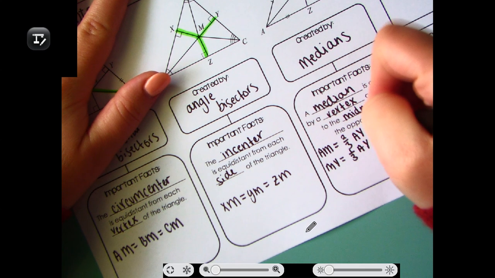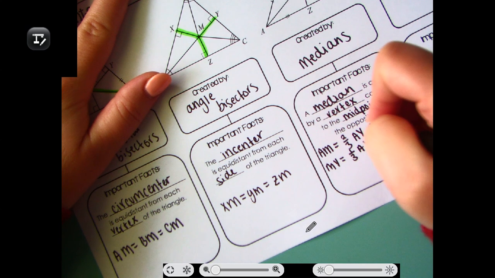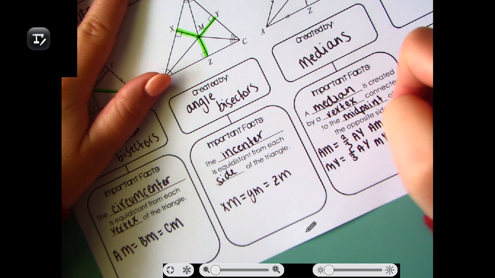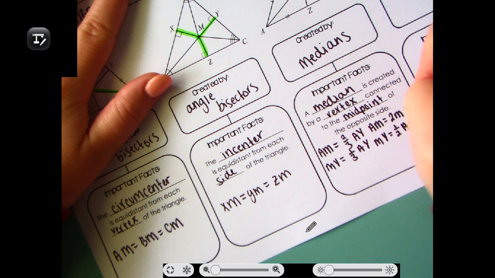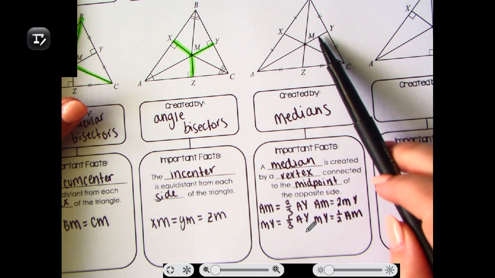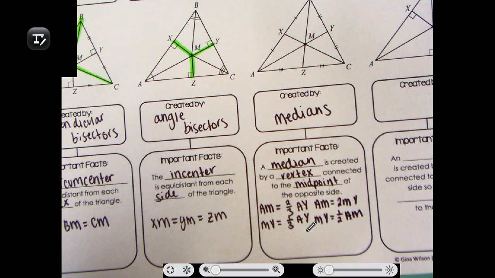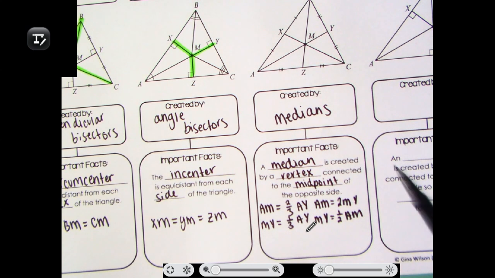And then remember that the longer part is double the shorter part, and the shorter part is half of the longer part, and that applies to every median.